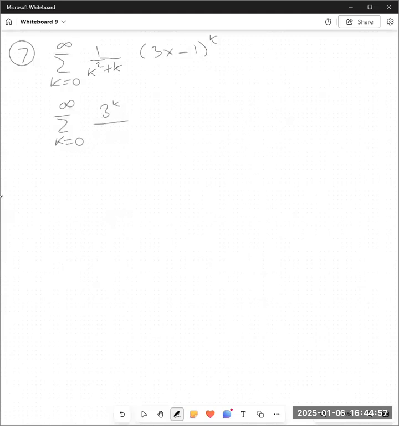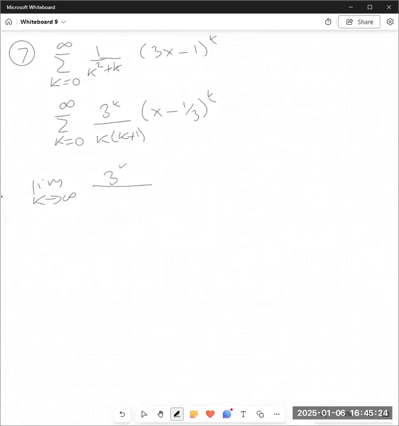Three to the k squared plus k, x minus 1/3 to the k, like that. And then I'm going to have the limit as k goes to infinity of, and the denominator here I'm going to write as k times k plus 1.